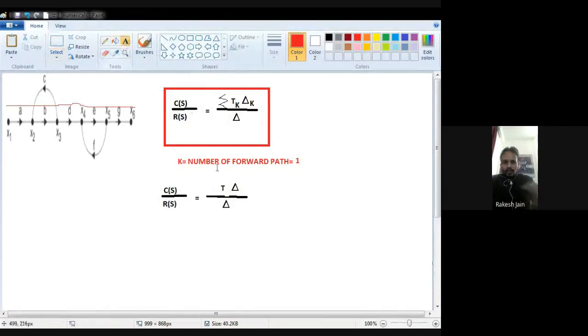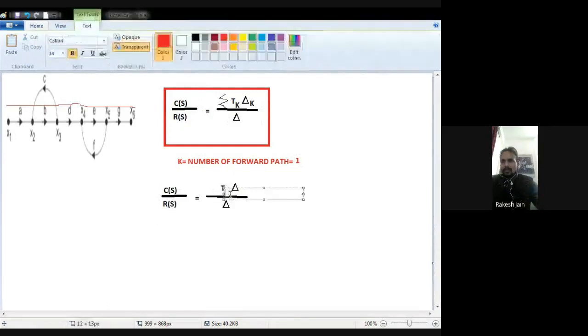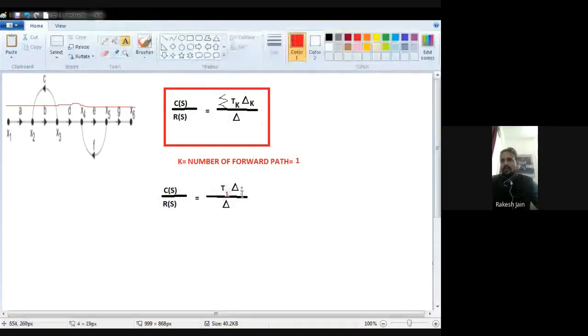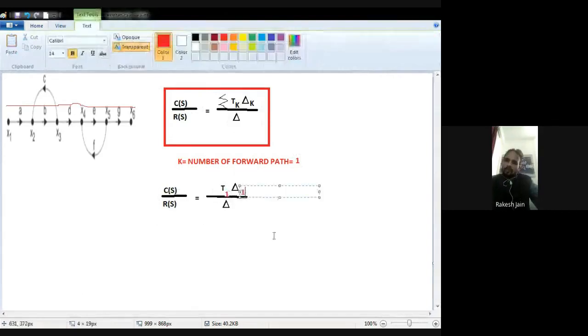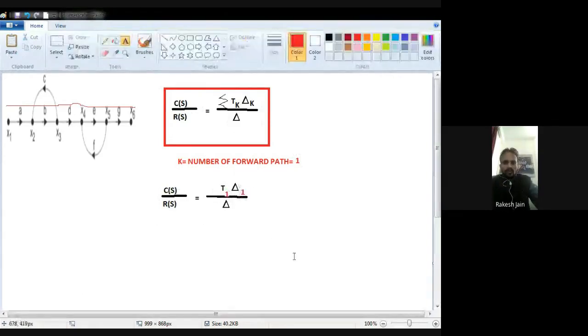So this one is T1, this one is del 1, and divided by del. I have to find out only the value of T1, the value of del 1, and then put the value of del, then my answer will be completed.